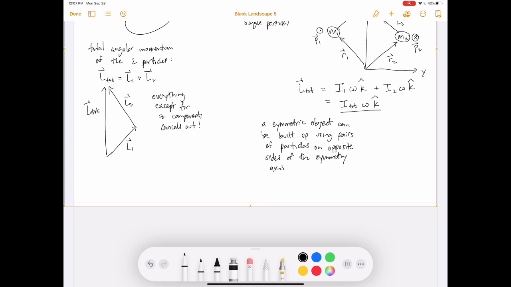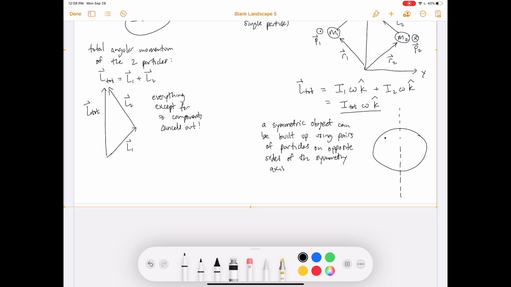So here's what I mean by that. Let's say we have a sphere, and this axis right here will be the symmetry axis. For any particle that I pick out, let's say this particle over here on the left side, I know there's a corresponding particle on the right side because, again, it's symmetric, an equal distance away from that symmetry axis.